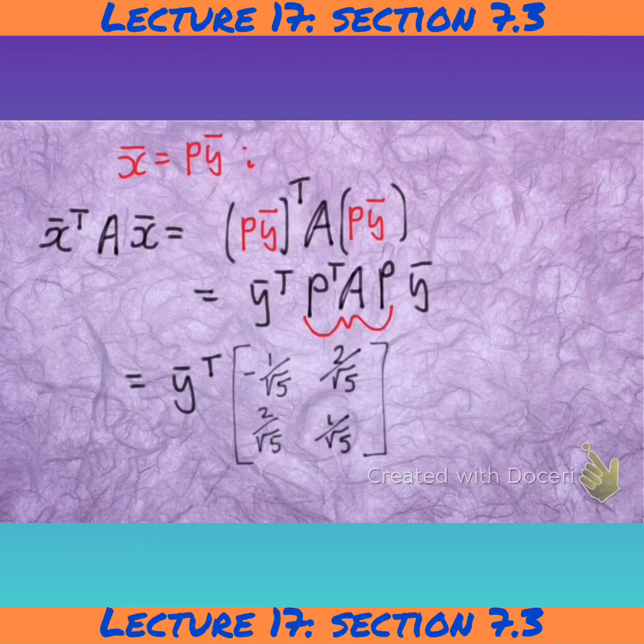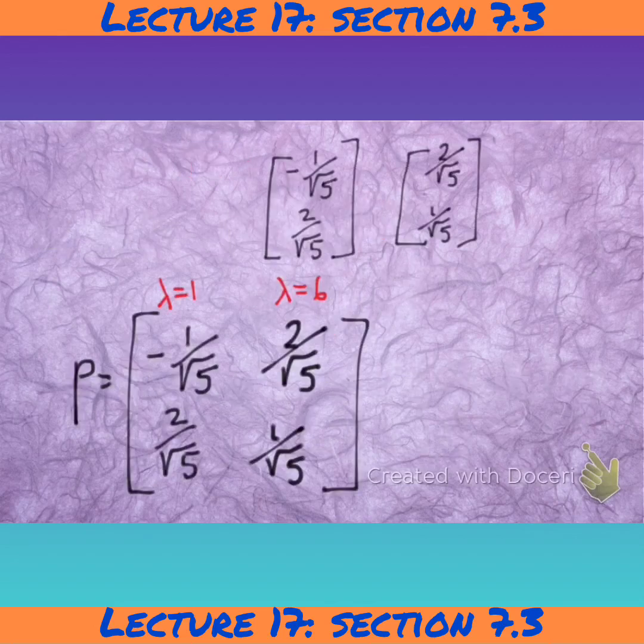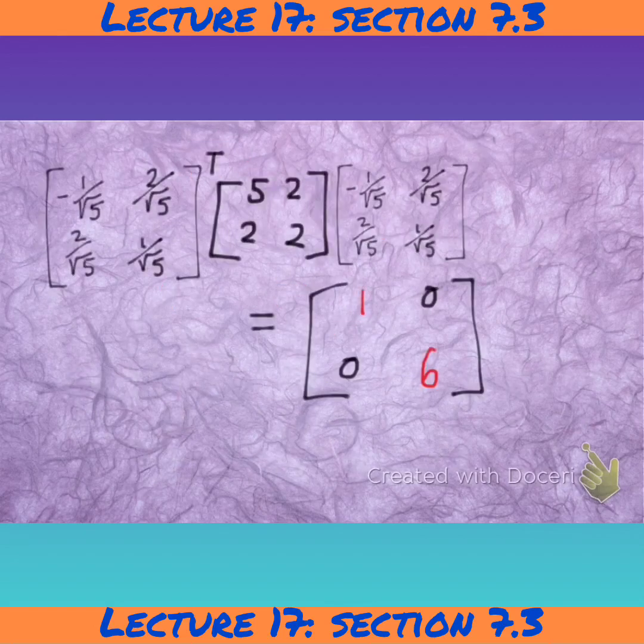Now remember what A was, and we can do that replacement. Now remember the matrix in the middle, this whole part here, which includes the transpose of my matrix P. That part there is the diagonal matrix where this eigenvalue corresponds to the first column, and that eigenvalue corresponds to the second column.